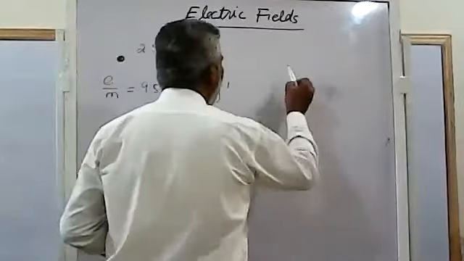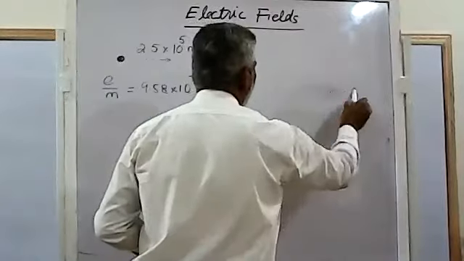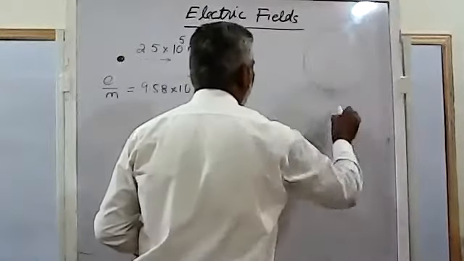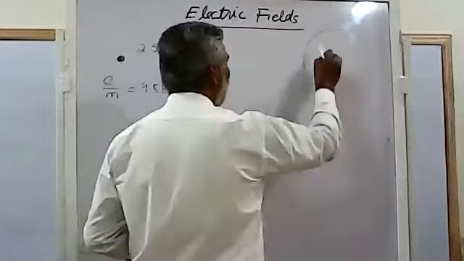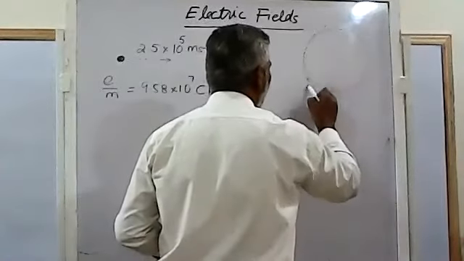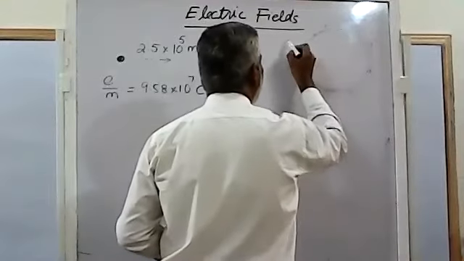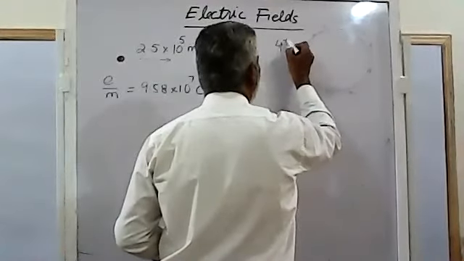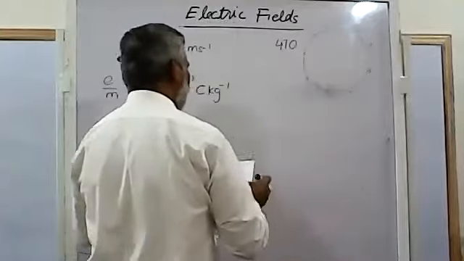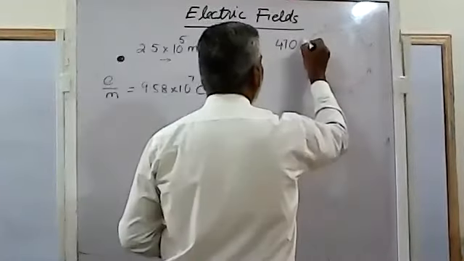And we have a large sphere which is positively charged. It is given positive charge on its surface, and as a result it has developed a potential of 470 volt.